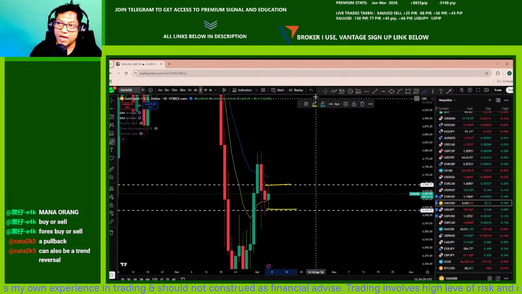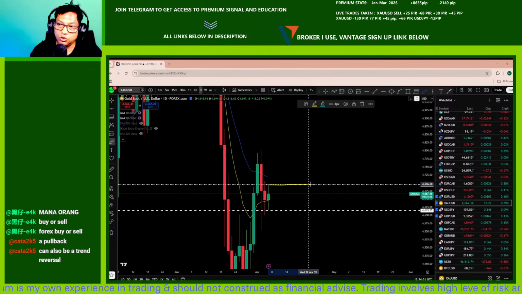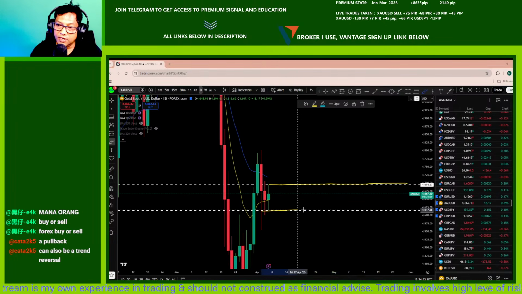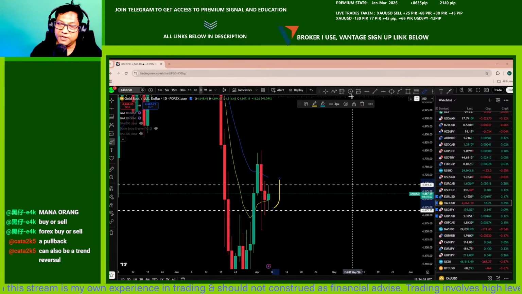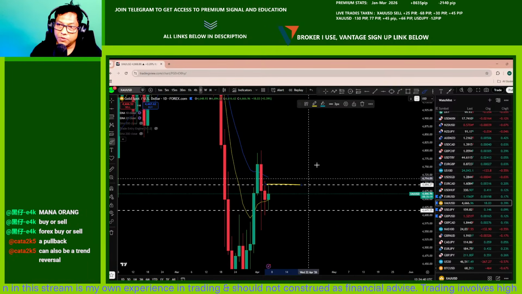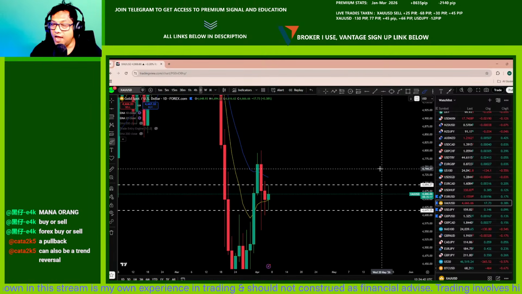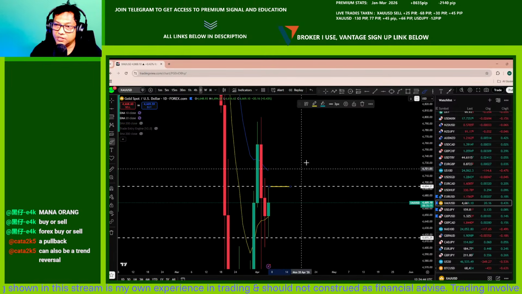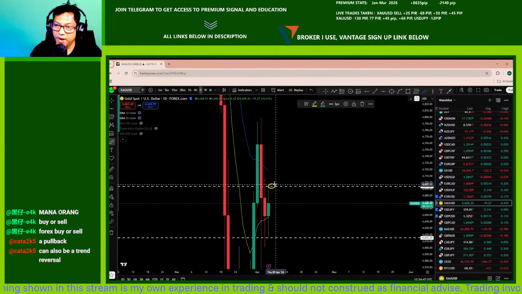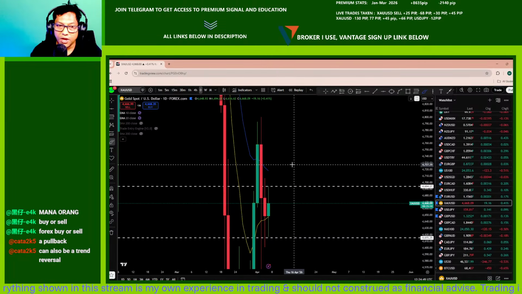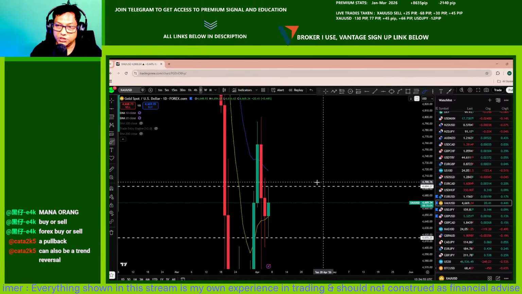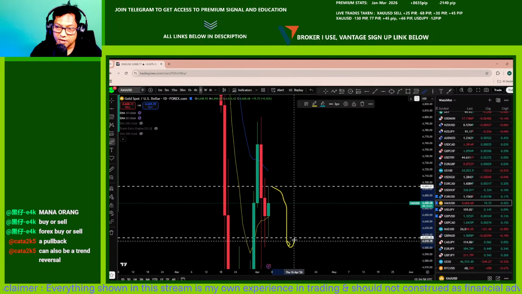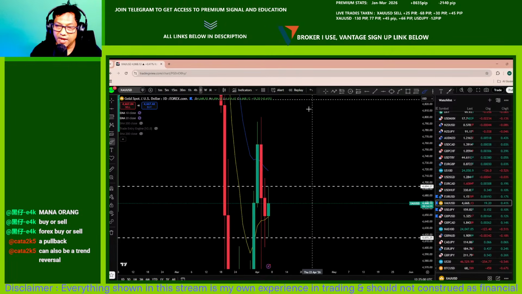Now we see the price is trying to push back to this key resistance line, and off that key level we could see the market eventually break below this level.